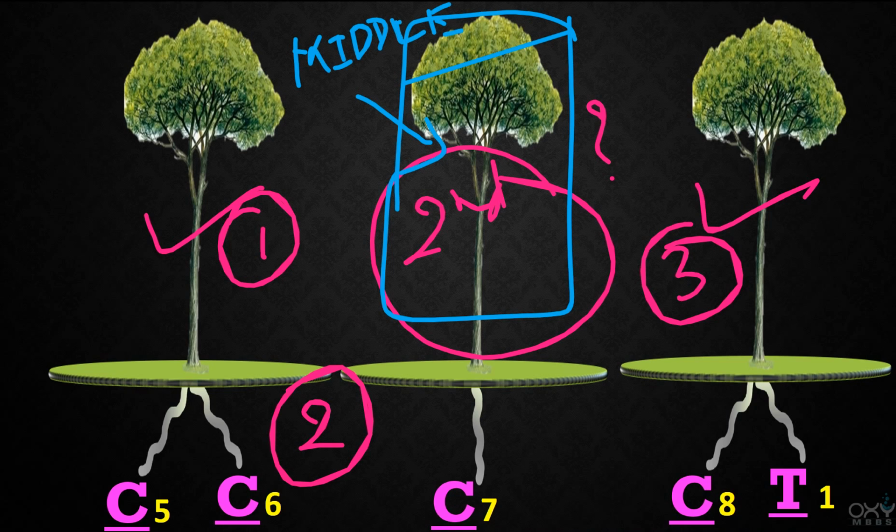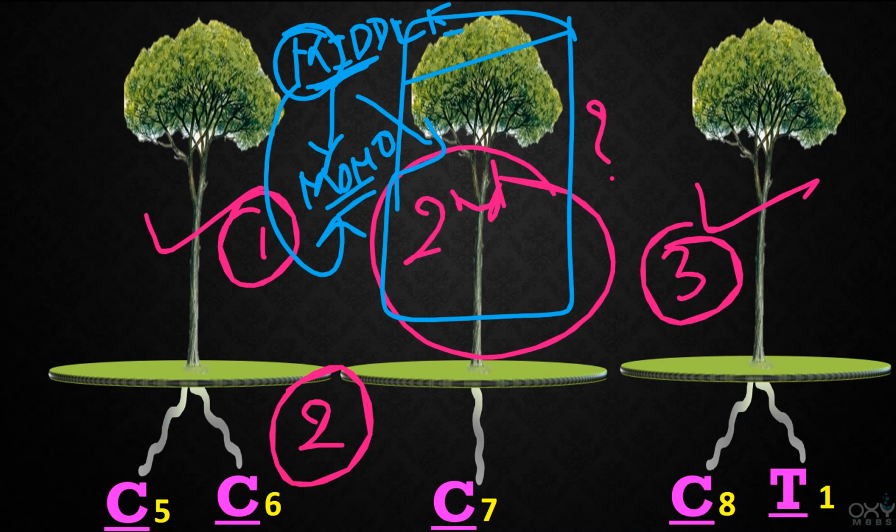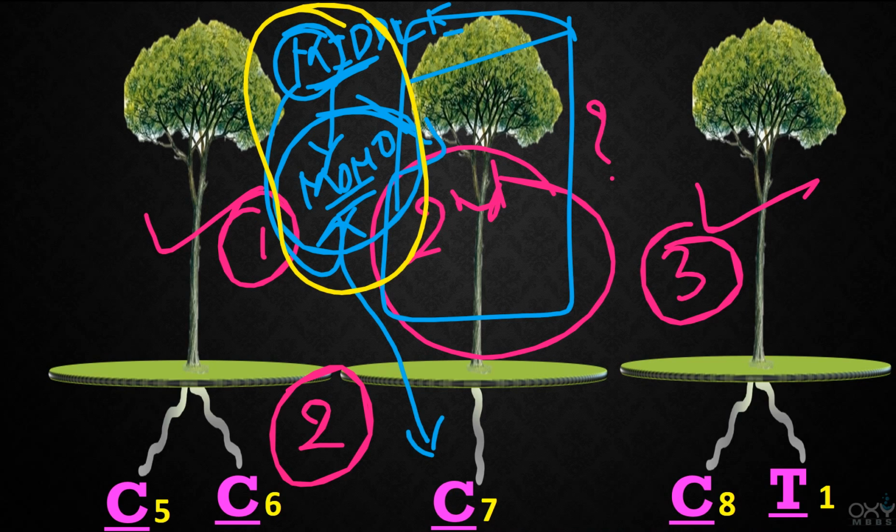And middle can also be written like mono. From M we are making mono. Mono means single, as you know, one. And for the middle we are using mono. It means the middle tree has only a mono root, means only a single root. In this way friends, you can remember that the middle tree has only a single root.